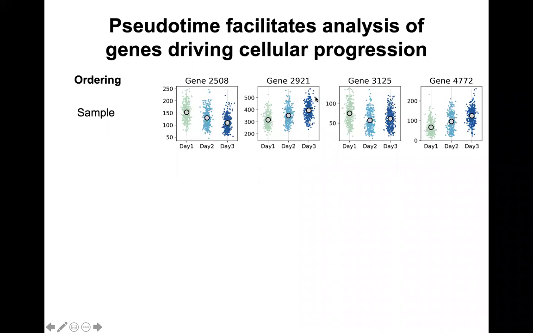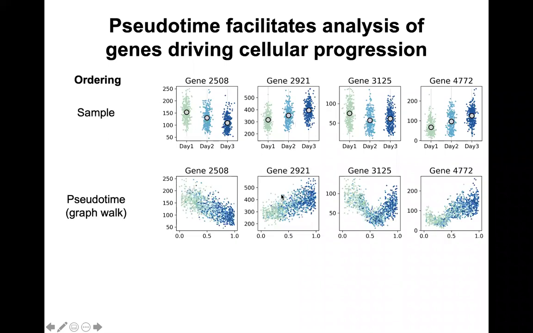This is always increasing. Well, what's interesting is once you actually get this diffusion pseudotime value, we can look at the graph walk, this ordering of cells, and actually some interesting things happen. Like I bet that you wouldn't have guessed that this really went down and dropped down in between days 2 and 3. But pseudotime suggests that a little bit over halfway through this trajectory, this gene goes down and then goes up.